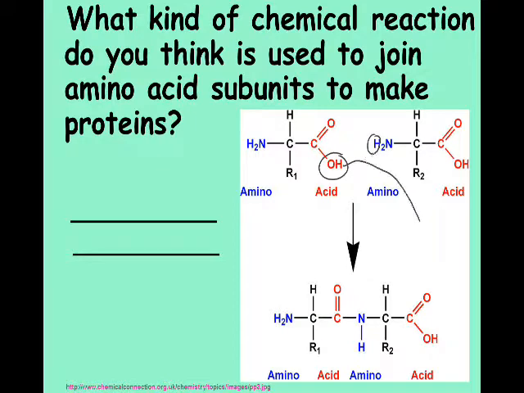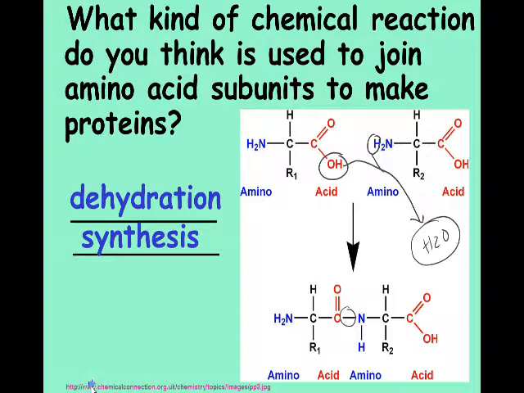I can remove a water molecule, and the places that are left over now are going to join together to make a bond between the two amino acids. We removed the water. What was our word for that? Remember? Dehydrate means to lose water.